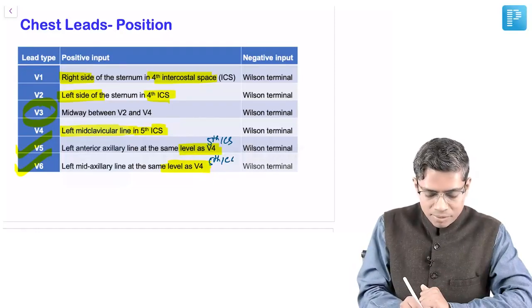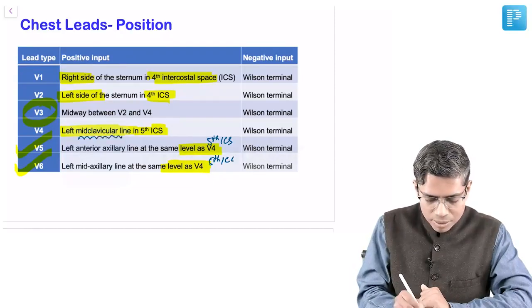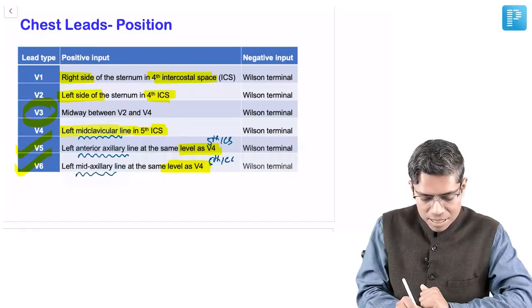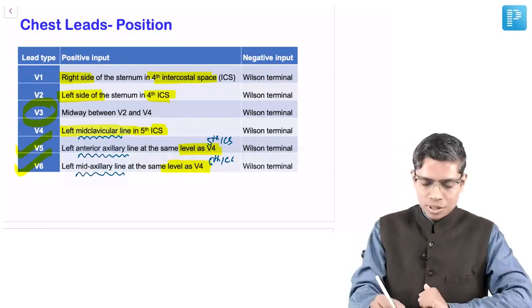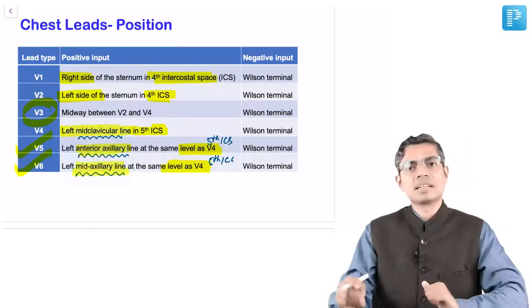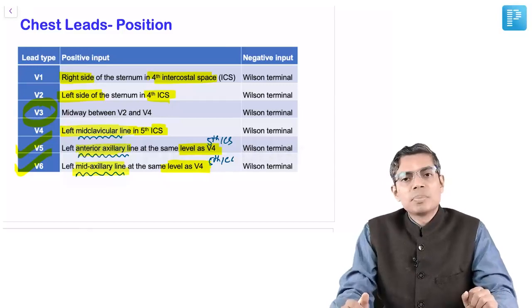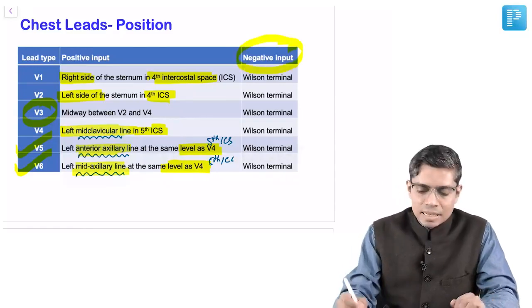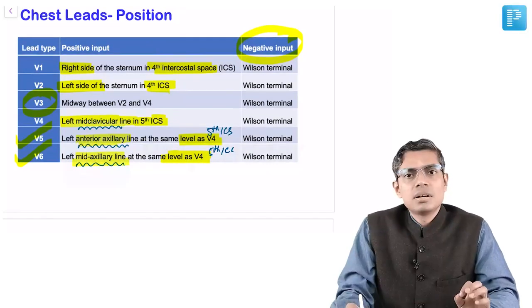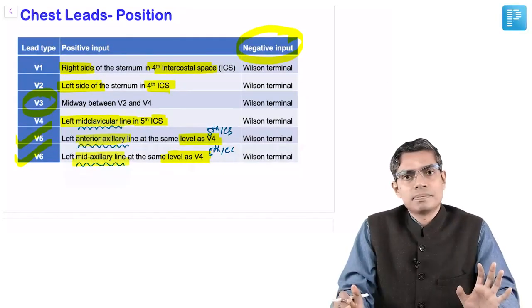But V4 is mid clavicular, V5 is anterior axillary line, and V6 is mid axillary line, right? So this is the difference: mid clavicular, anterior axillary, and mid axillary line. So you have to remember the positions, and you can see the negative input of the voltmeter is connected to the Wilson terminal or central terminal of Wilson, right?